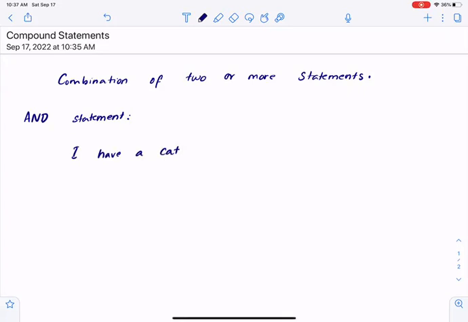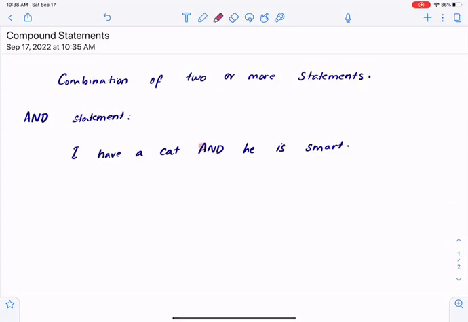I have a cat. That is a statement. He is smart. I have a cat. He is smart. Two statements. I'm going to put them together. I have a cat and he is smart.